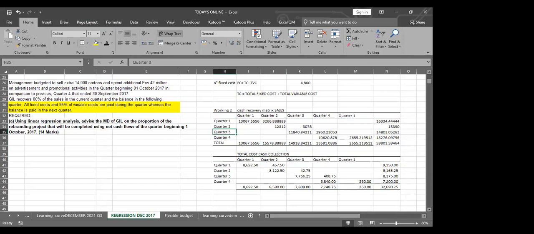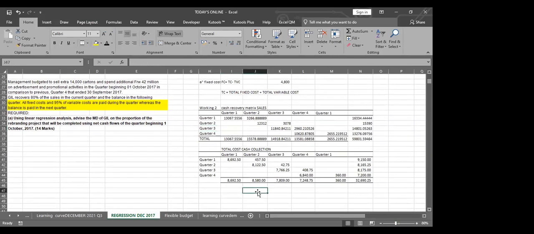So how do you make a cash flow budget? I'm going to make a cash flow budget for quarter one, up to quarter four.